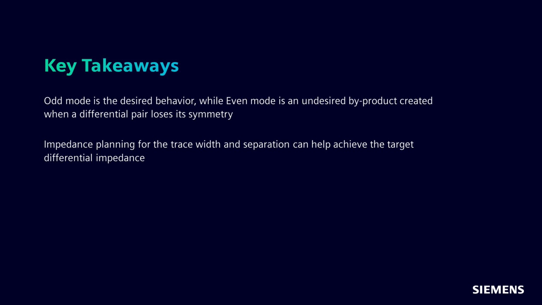This helps us accurately determine the physical dimensions, trace width and separation, required to achieve differential impedance on different PCB layers. This knowledge is fundamental for designing reliable, high-speed interfaces. By carefully controlling impedance, understanding propagation modes, and utilizing tools like HyperLynx, we can ensure that differential signals maintain their integrity and perform as intended.